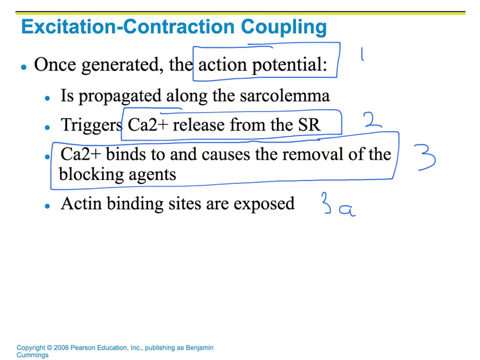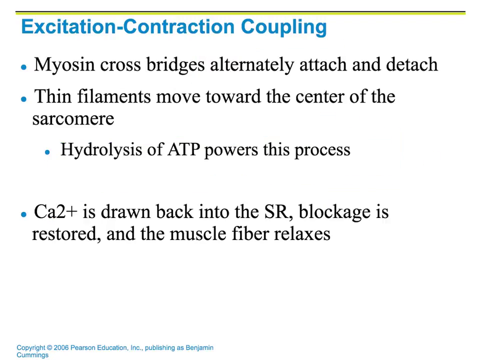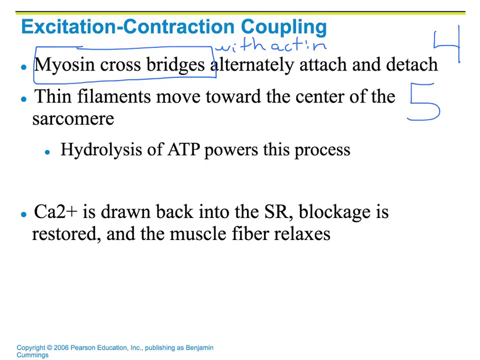Once the blocking agents are removed, myosin can now form a cross bridge with actin. What is that, 4? And 5, and last here is the cause of the sliding of the thin filament towards the center. Again, that's the M line there in the center. The calcium release is only temporary. It's quickly drawn back into the sarcoplasmic reticulum, which restores the blocking and allows the muscle to relax.